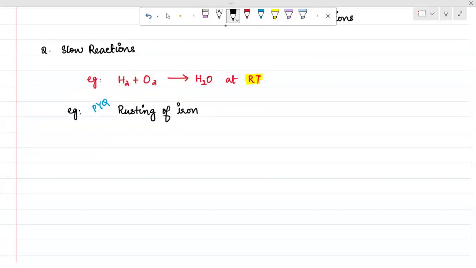So rust basically is iron oxide, Fe2O3. This is formed. This is a very slow process. Another example is the conversion of coal to diamond. Again, this takes years and years for this transformation to happen, and this is slow.